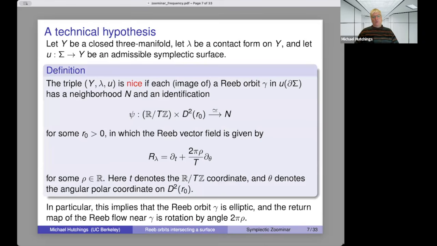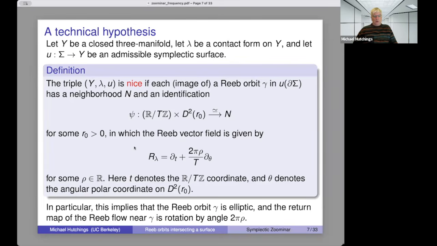Now, before stating my theorem, I have to introduce an additional technical hypothesis. So suppose I've got an admissible symplectic surface. I say that the contact manifold and the surface, all this data, is nice if for every Reeb orbit which is in the boundary of the surface, there's some neighborhood where the Reeb flow looks like a rotation.